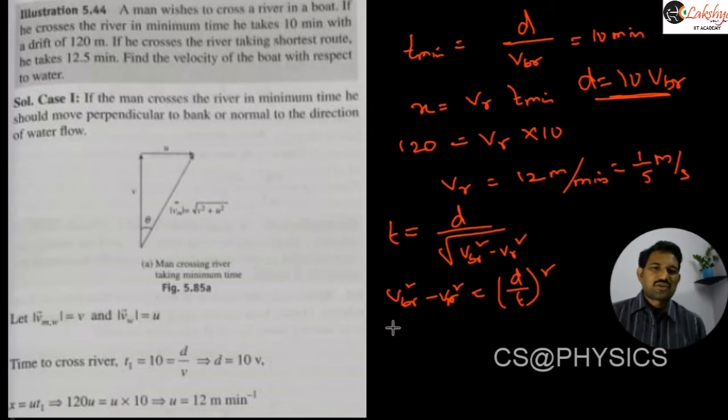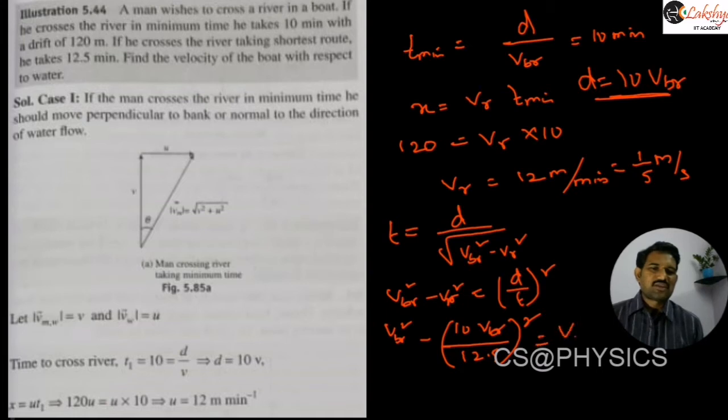So what I am saying is this value is VBR square minus 10 by VBR into T, where this T is nothing but 12.5, whole square. D by T value I am substituting here. This is equal to VR square.